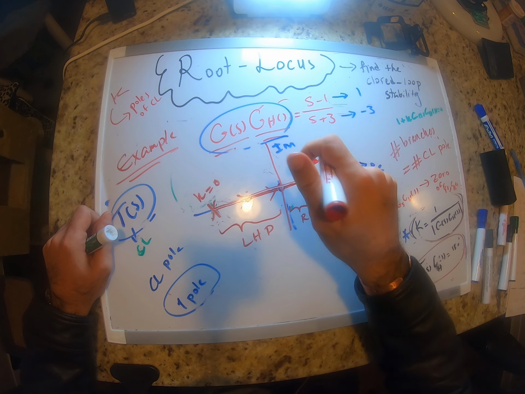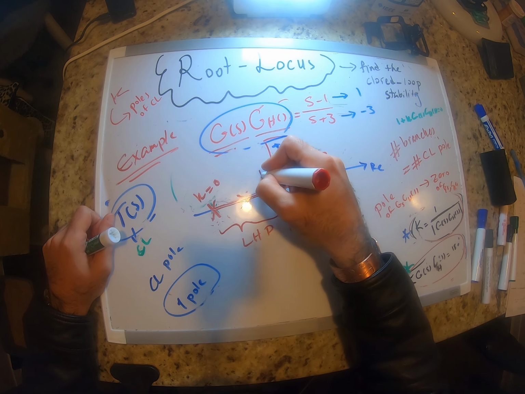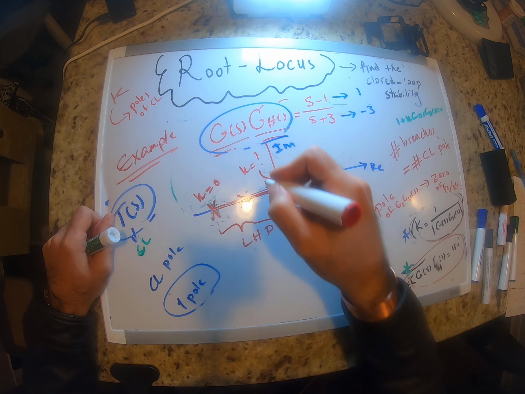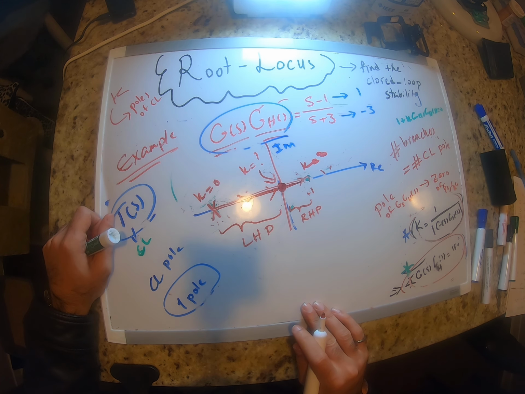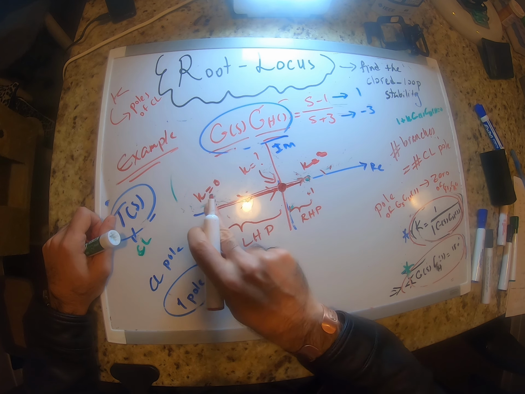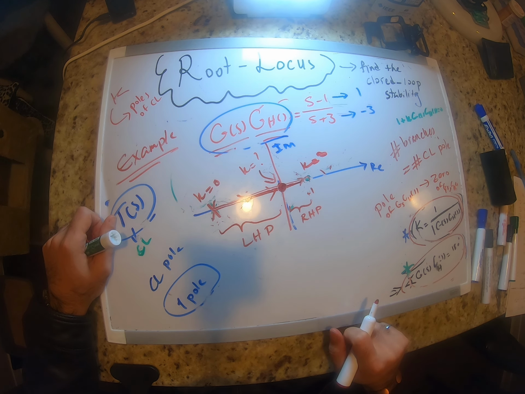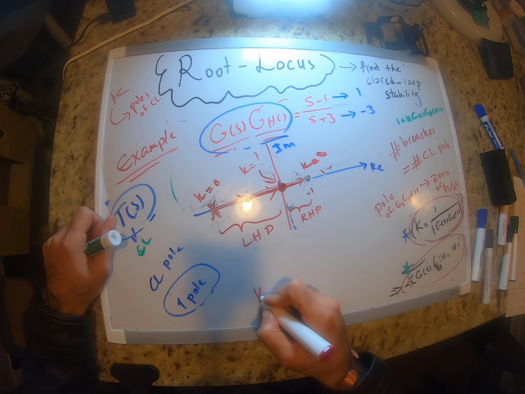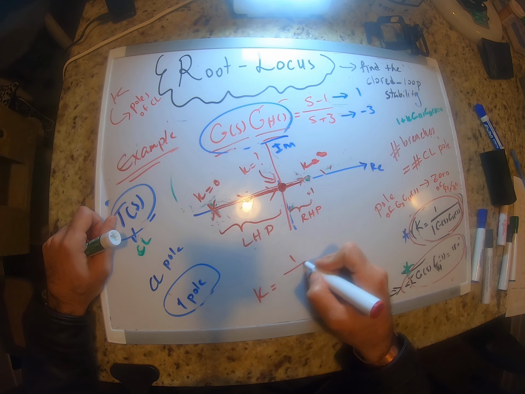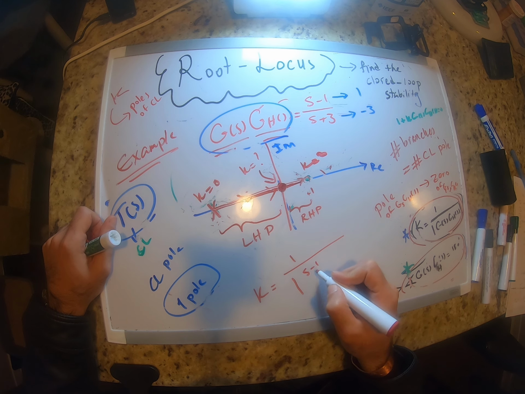We want to know at what point the system becomes unstable, for what value of k. For all these points, k is equal to 1 over the magnitude of G(s)H(s). So k is equal to 1 over the magnitude of (s minus 1) divided by (s plus 3), right?